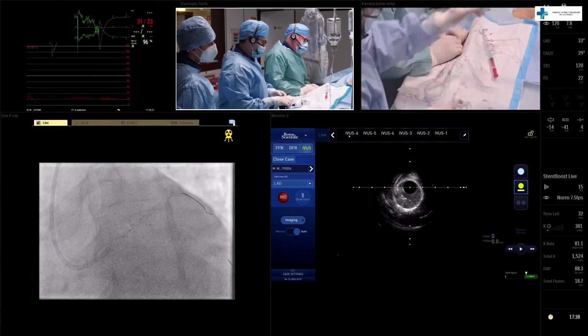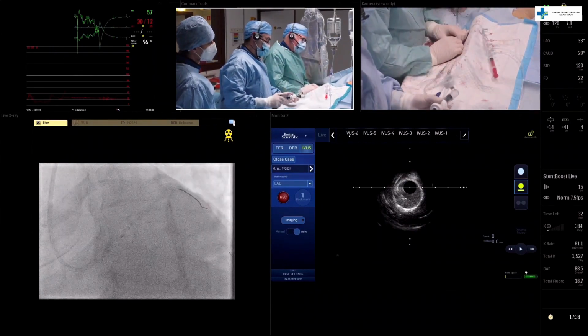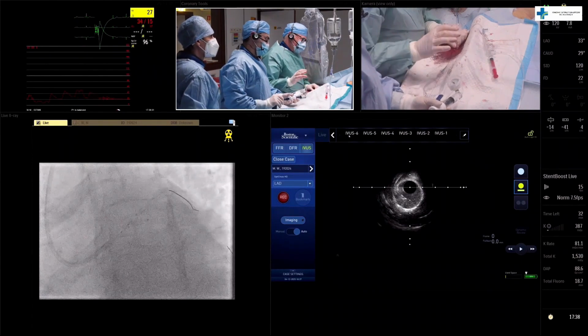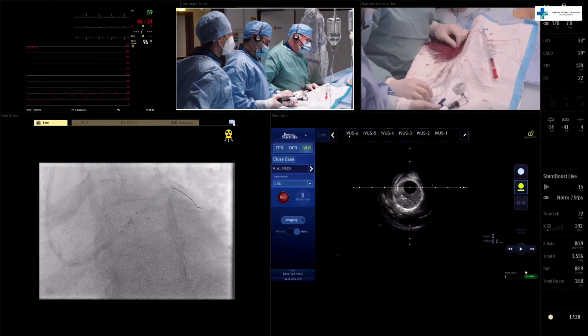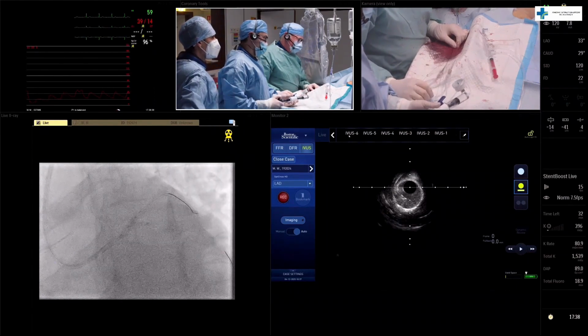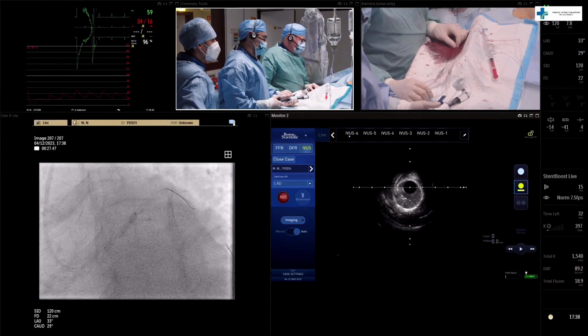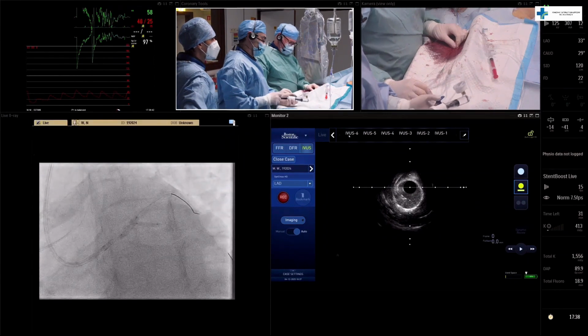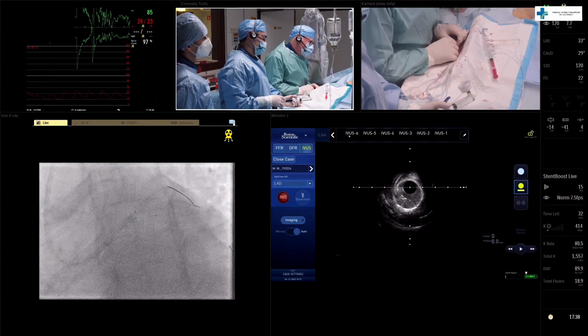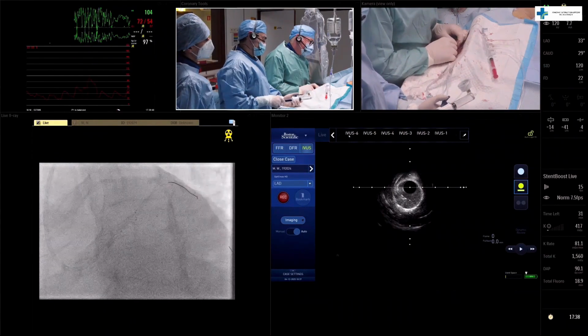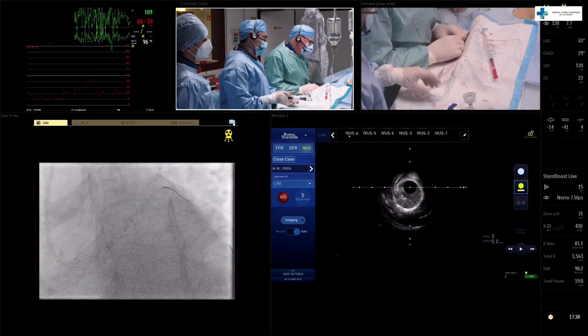Okay. So open 2.5, 6, and we can give on both 6, 8, 10. Deflate. The balloon moved to the circ, so I need to pull it back a little bit more. No, now.